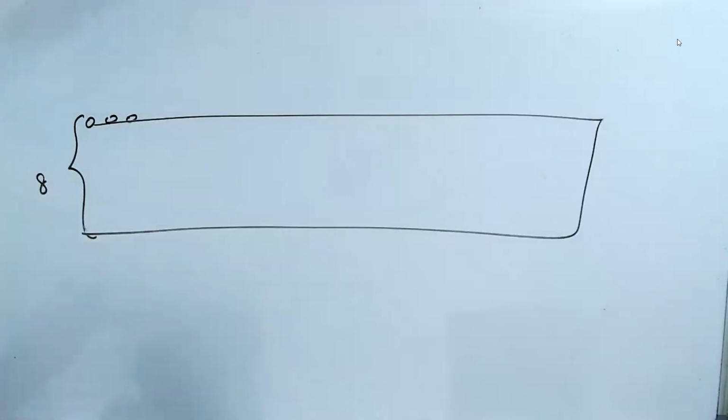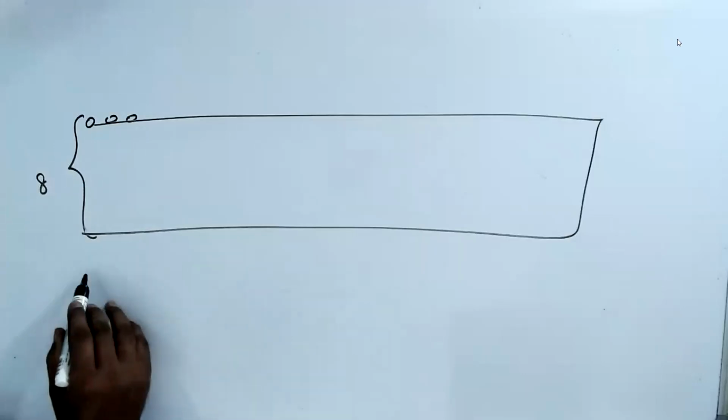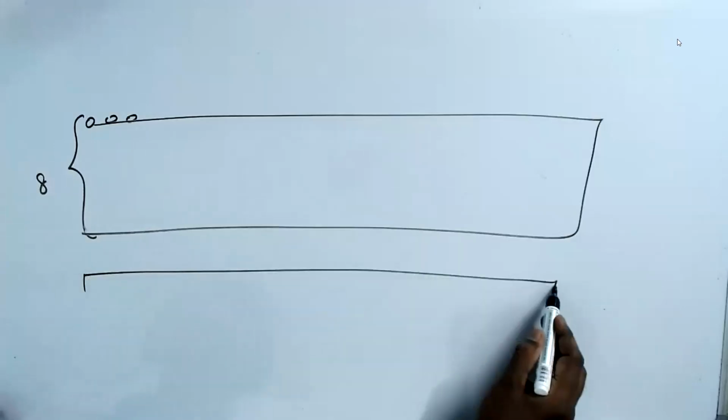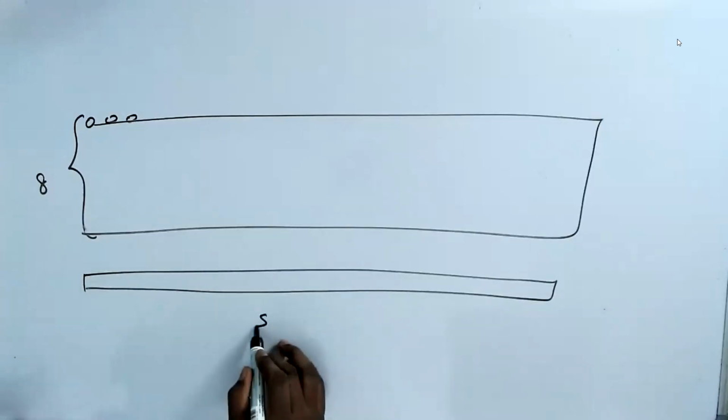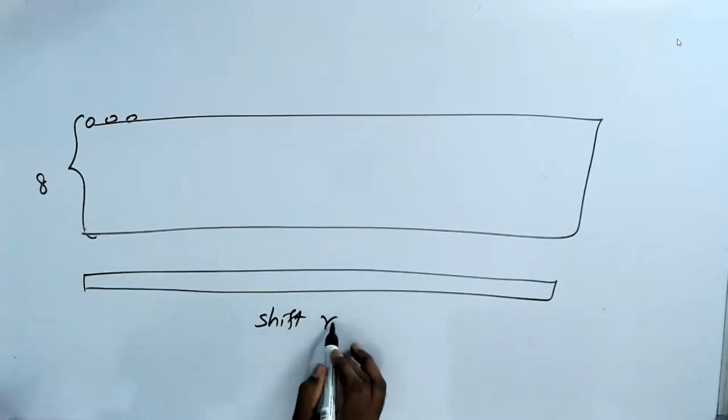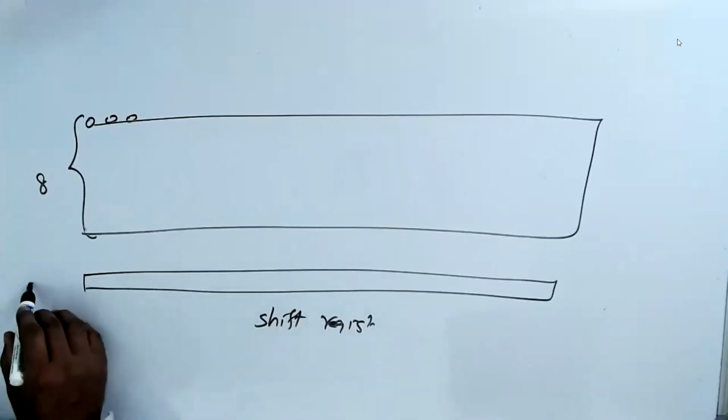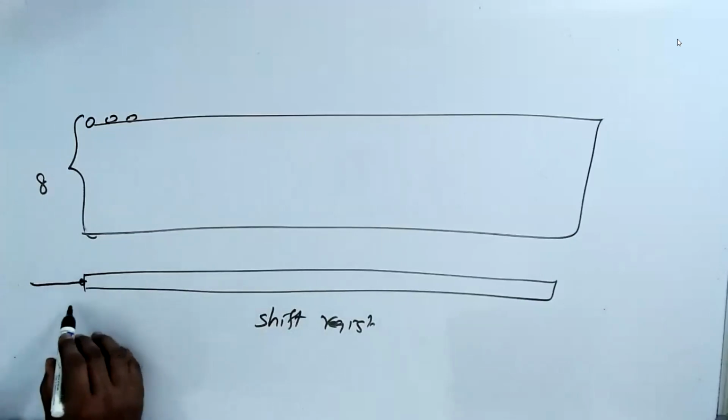Now here is a trick. In the last class we discussed sequential logic. This is called a shift register. From the microprocessor, you will send only 1 bit and a clock.